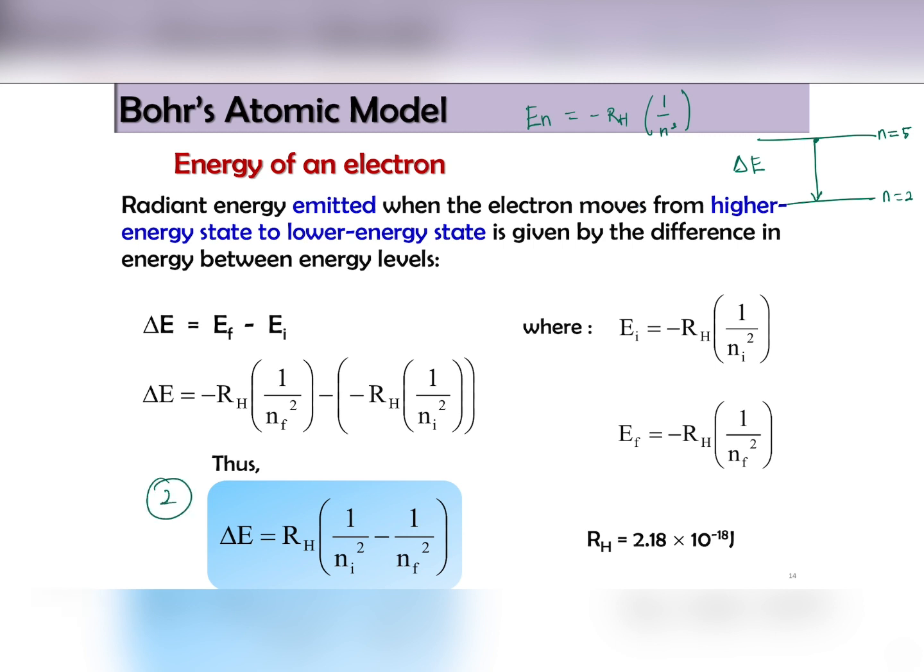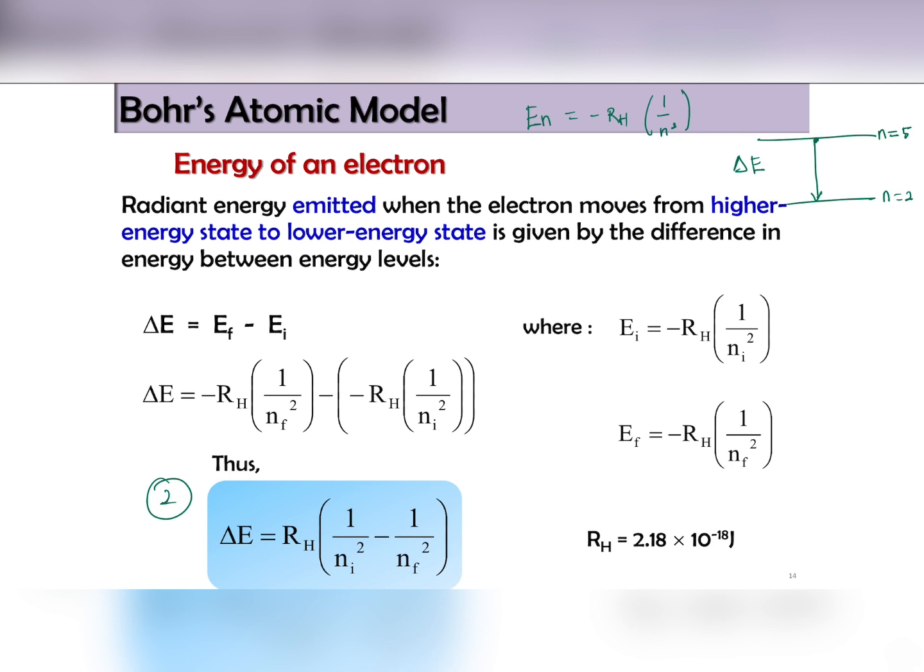Alright, so remember to find difference in energy, kita guna formula ini, delta E equals to Rydberg constant, okay, times with Rydberg constant ni adalah 2.18 exponent negative 18 joule, and times with 1 over n initial to the power of 2, okay, minus 1 over n final to the power of 2.